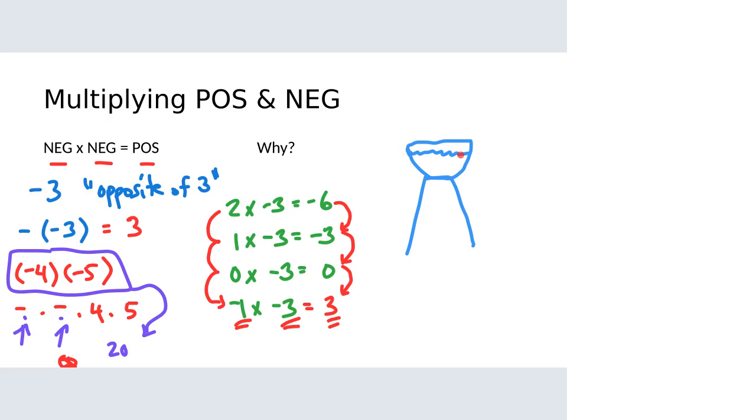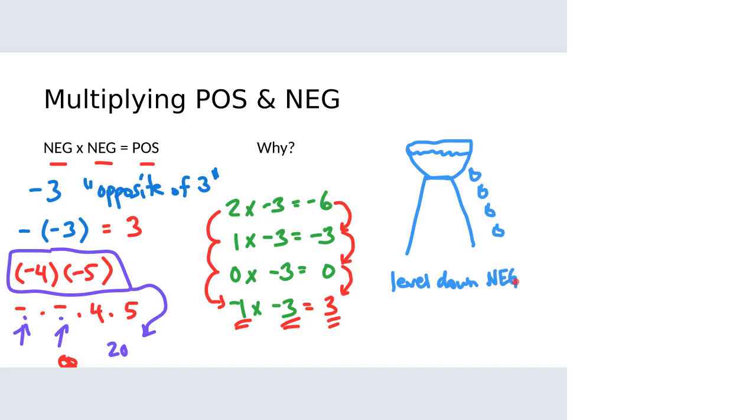And what we're going to do is say that this water tower is leaking. So that means the water level in this water tower is going down. So the level is going down, and I'm going to call that negative because the water level is going down.